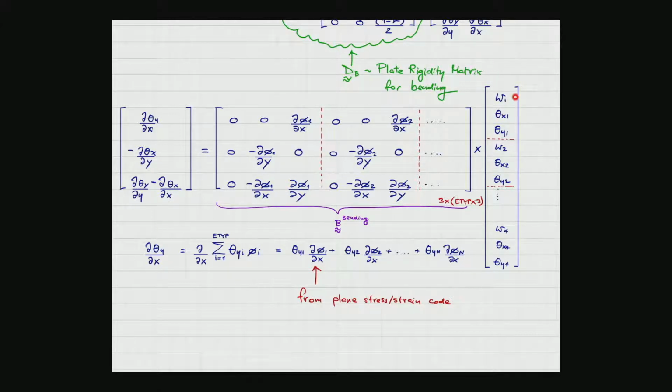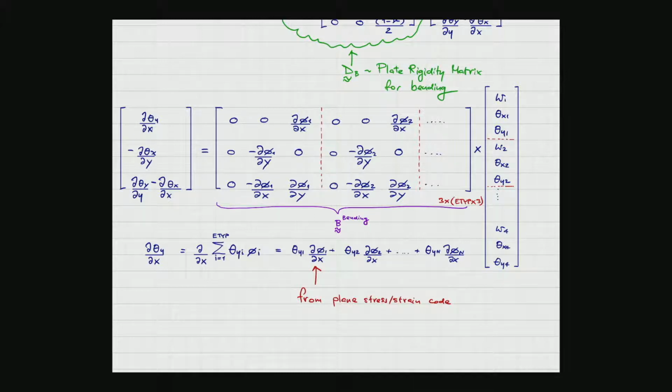Previously you had just the U and the V for each node. Now you have the W, which is the vertical displacement or vertical deflection, and rotations in the following. So you have in total 3 DOF, and you need 3 columns.